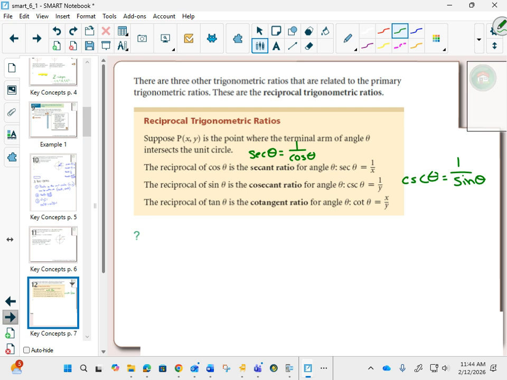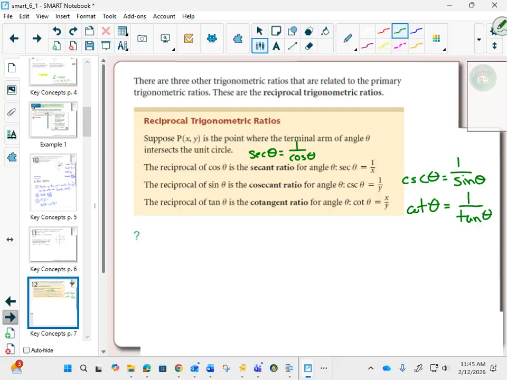I know what you're thinking. Why couldn't they make the s's go with s's and c's go with c's? Just to confuse me? I don't think you'll have a problem, though. Somehow you're going to remember that cotangent of theta goes with tangent. I don't know how you'll remember that one, but something will help you remember that cotangent goes with tangent.